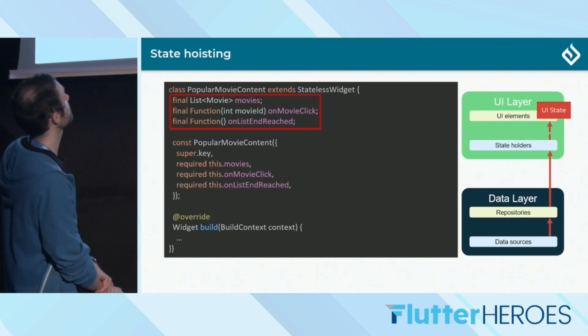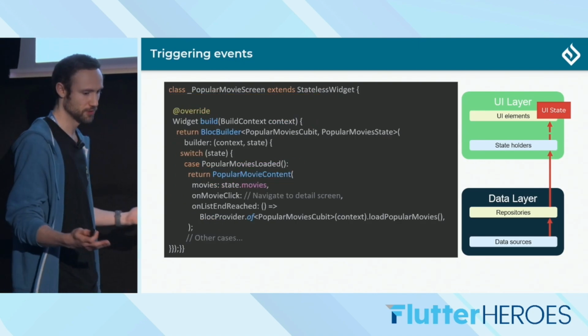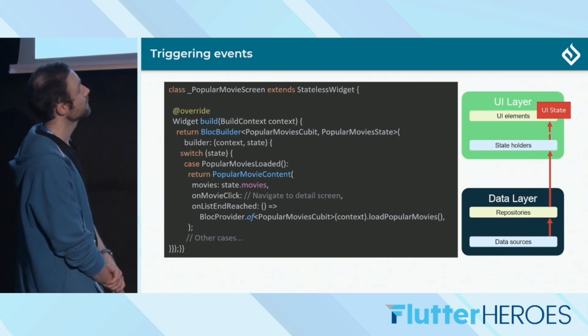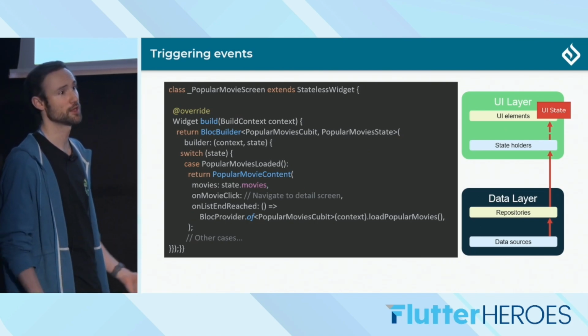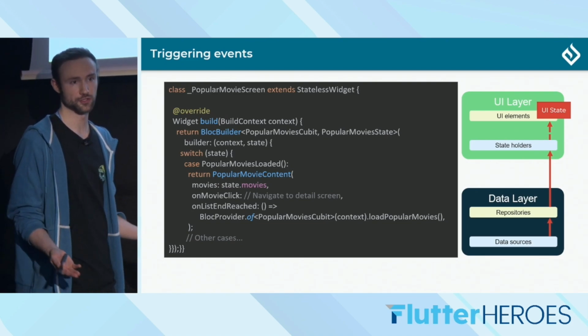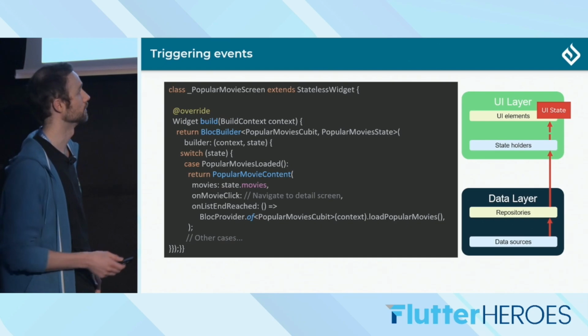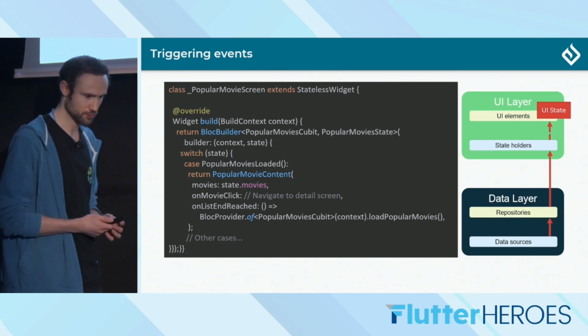Now, we can head back to our parent widget. And now, as you can also see on the arrows to the right, we have pretty much passed our data to the UI. The UI is displaying it, and there's pretty much now not much to it until some event is triggered. Like we click on a movie element, or like, for example, we reach the bottom of the screen.